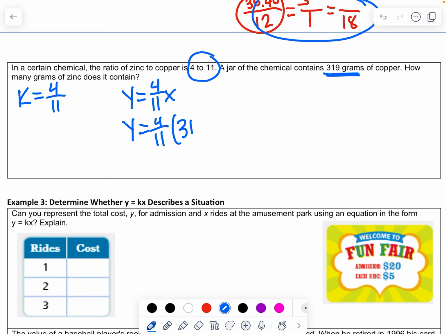I'm going to do 4/11 times 319. And we'd get y equals 116. And it would be 116 grams of zinc would be our label. Okay. All right, a few more.